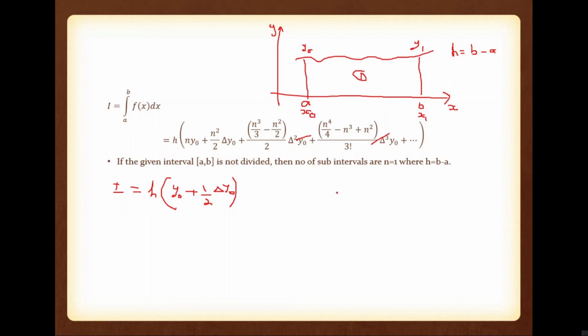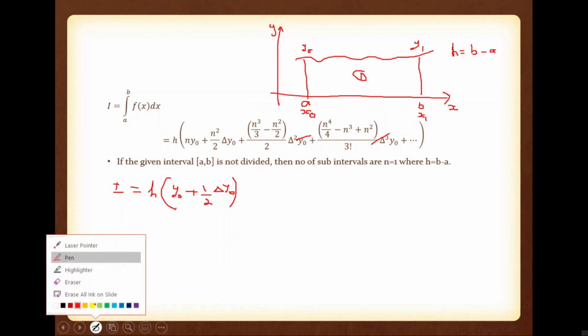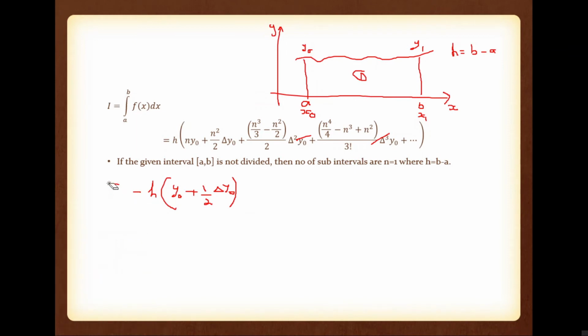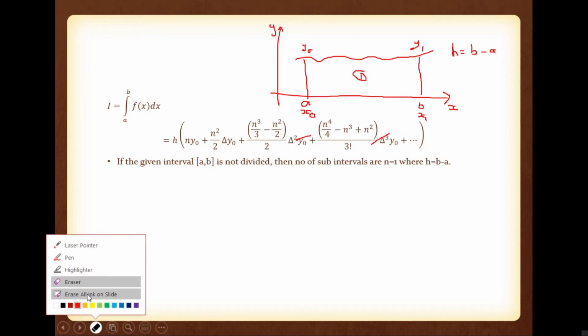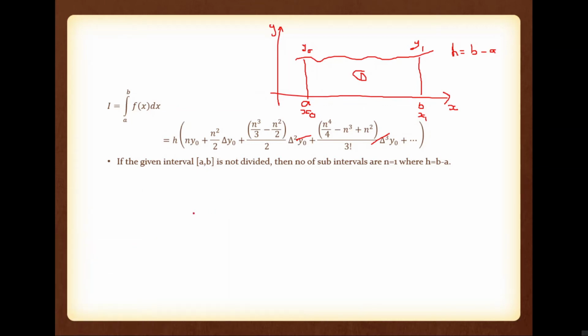Please note that I is equal to h into y0 plus 1 by 2 into delta y0. So we can remove this one.